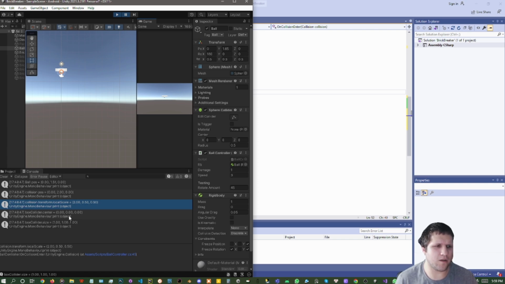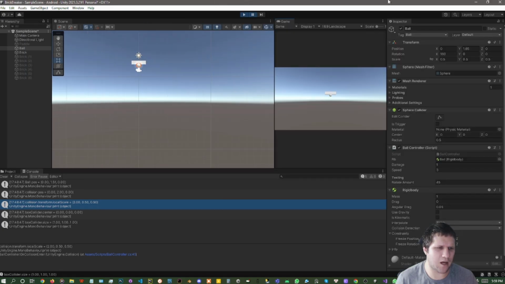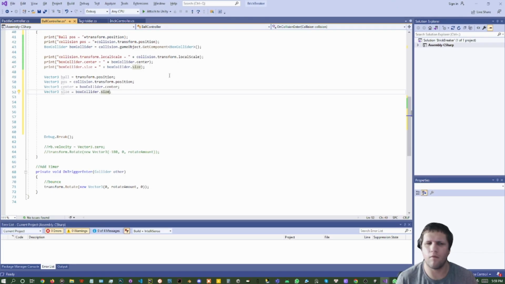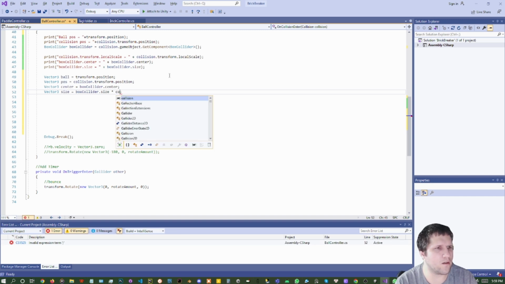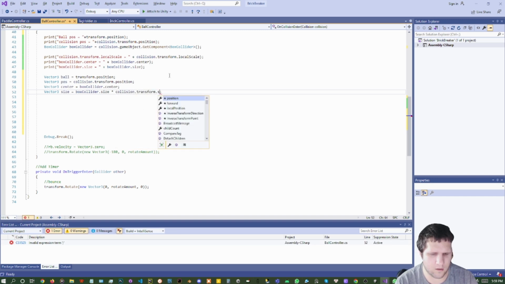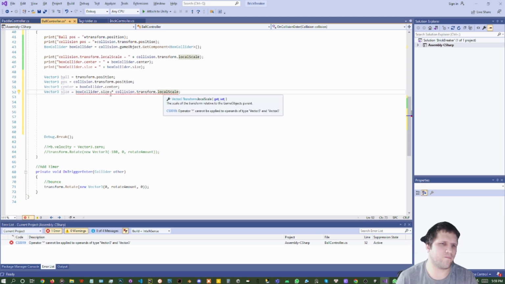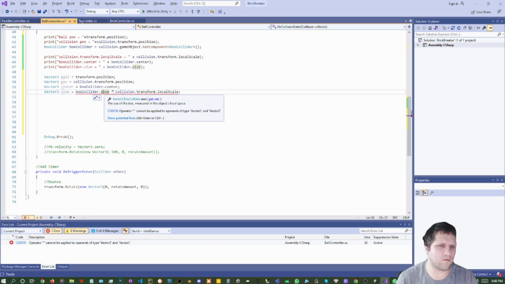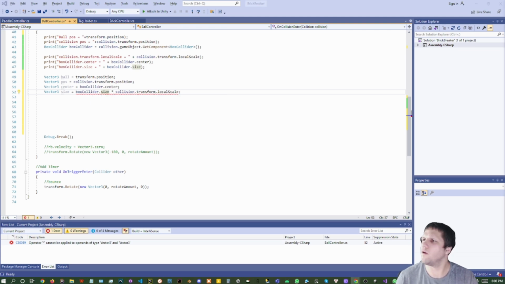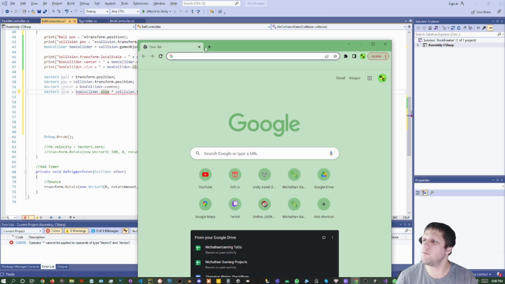So yeah, we want the size times scale times the collision.transform.local scale. You can't multiply? Huh, I feel like there should be some shortcut to do this.